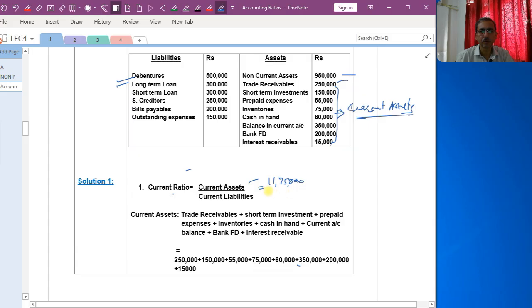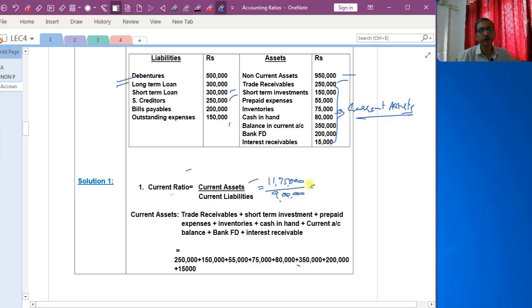You can total it. Now we will see the current liabilities. 3 lakh, 2,50,000, 5,50,000, and bills payables are 2 lakh, plus outstanding expenses 1,50,000. The total is 9 lakh.